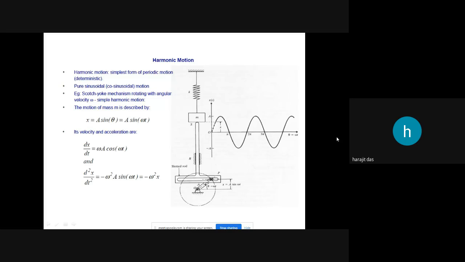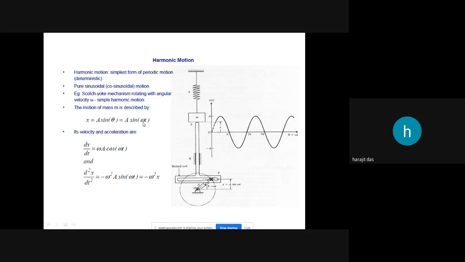In the last class, we came to know how to represent this vibrational motion. So I told you that these vibratory motions are the sines and the cosine waves. So the basic equation of vibration can be represented by this equation: x equals A sine theta, or instead of theta you can write omega t.